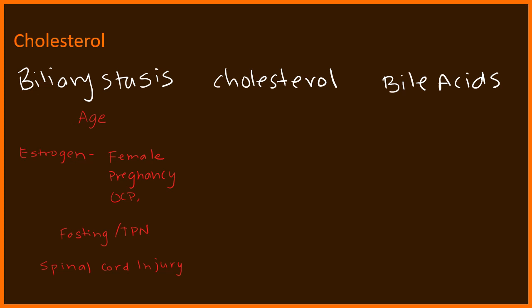One of the biggest risk factors for elevated cholesterol is obesity. So obese patients are at risk for having gallstones just because of their elevated cholesterol levels. Keep in mind that rapid weight loss leads to breakdown of all sorts of different fats, proteins, all these types of stuff. And this also includes cholesterol.